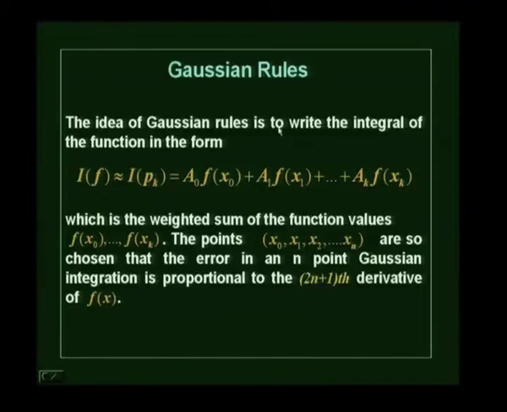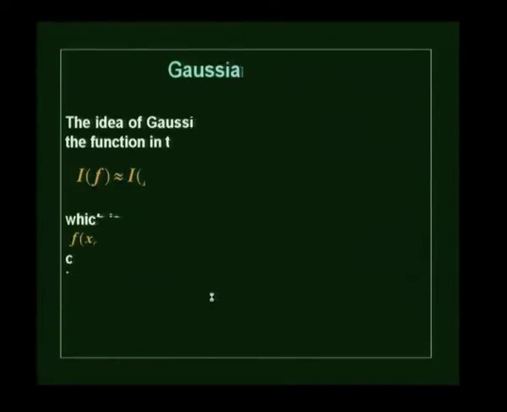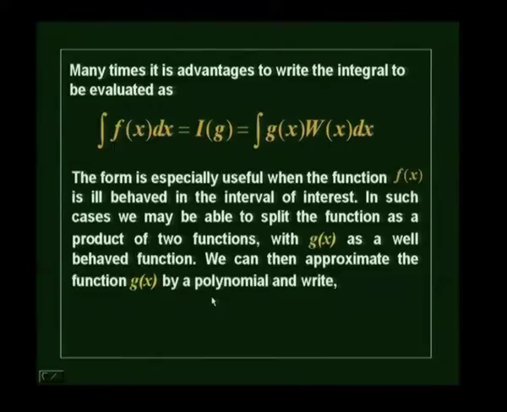So, the whole discussion of Gaussian rules is to find out how we choose these points such that we have such a low error. That is the basic discussion which you would have today.